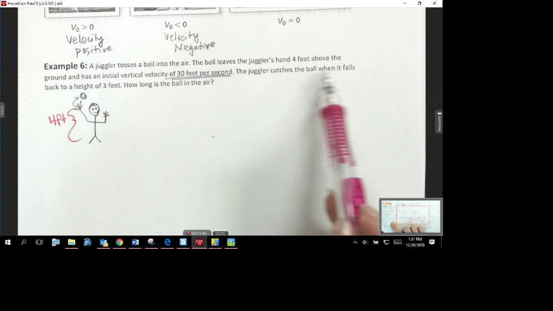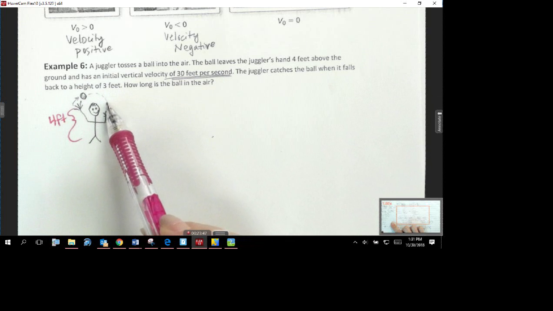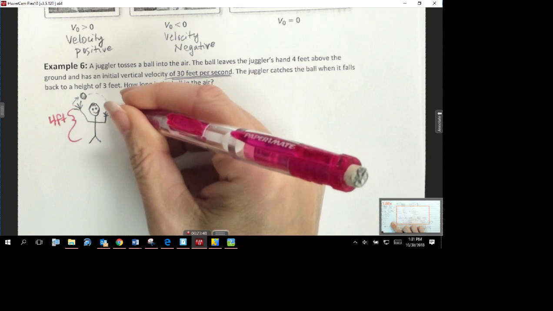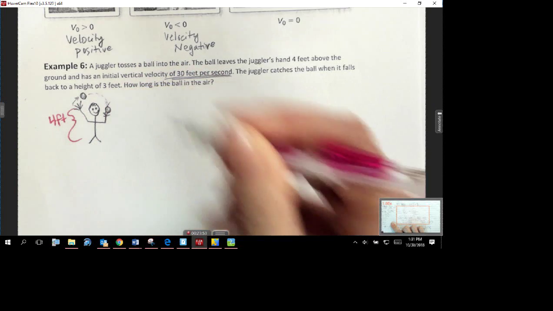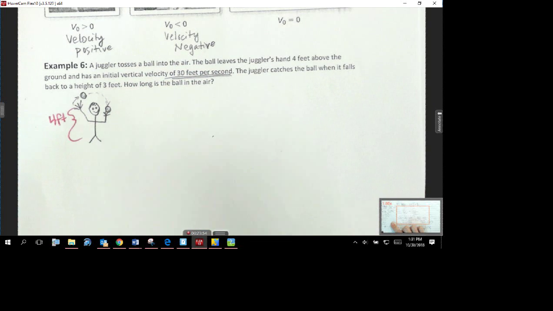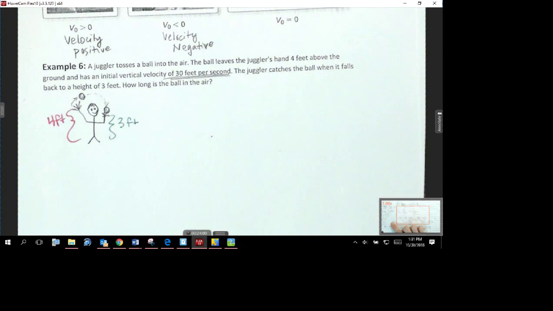The juggler catches the ball when it falls back to a height of 3 feet. So he's going to catch the ball at a height of 3 feet. Juggler throws it 4 feet, catches it 3 feet. We need to know how long the ball is up in the air, so we need to know the time.